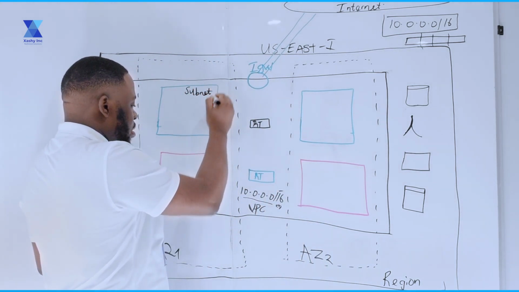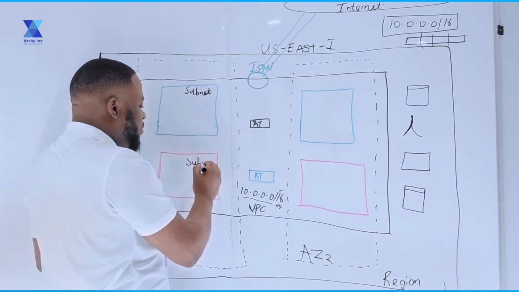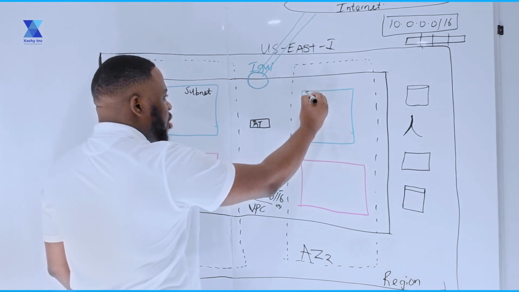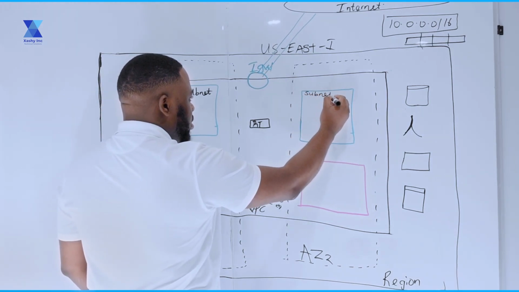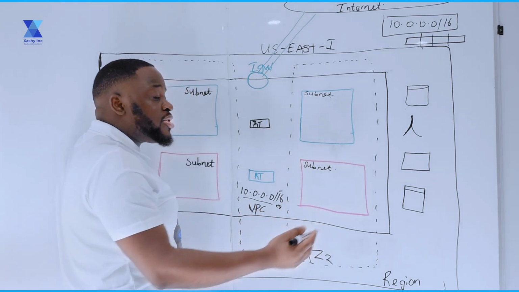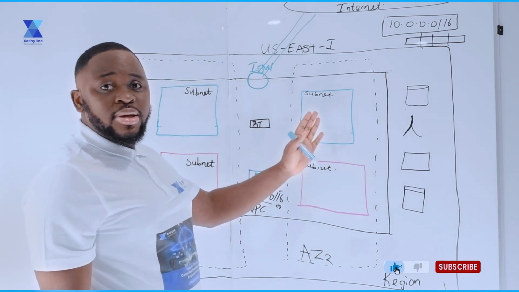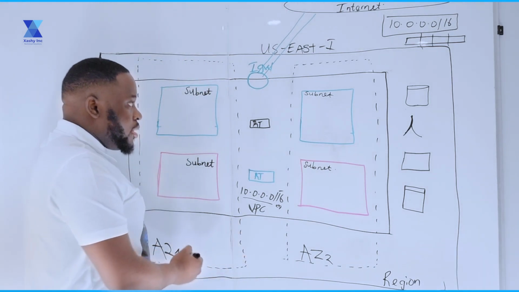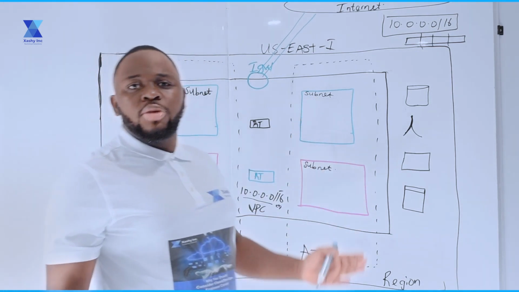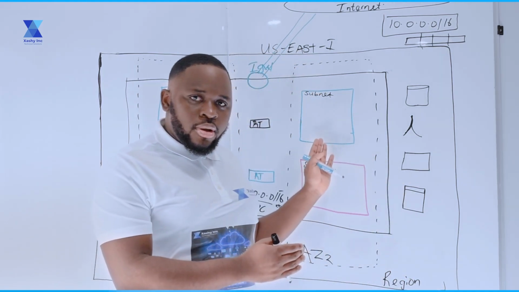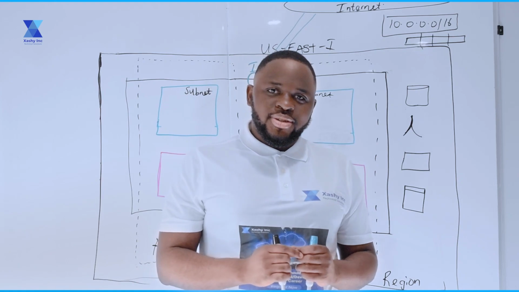So for example, I could have 4 subnets and I'm going to launch my subnets across availability zones. This is just because when I launch my resources in this subnet, even if one availability zone goes down, the other availability zone is still going to be able to have a continuity plan of managing those resources.